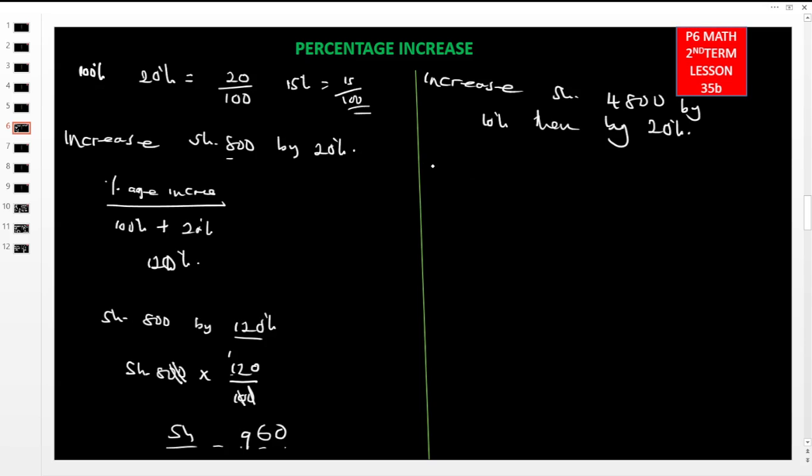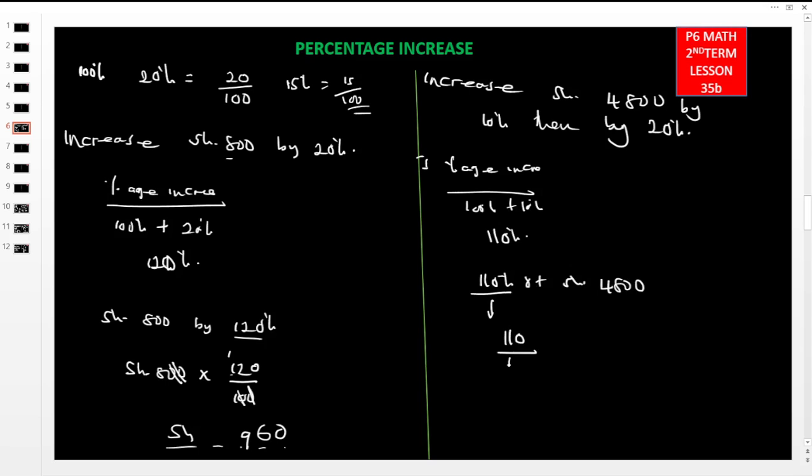So the first step, let us get the percentage increase. This is going to be 100% plus 10%, so it's going to be 110% of our money, 4,800, which in terms of fractions is 110 out of 100.